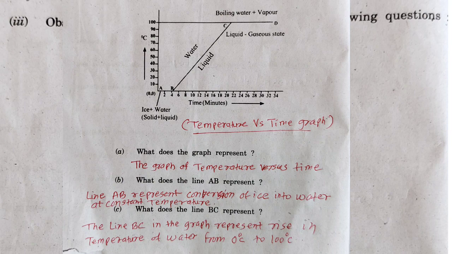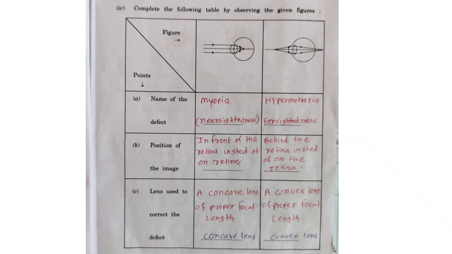Answer. Line AB represents conversion of ice into water at constant temperature. C. What does the line BC represent? Answer. The line BC in the graph represents rise in temperature of water from 0 degree Celsius to 100 degree Celsius.